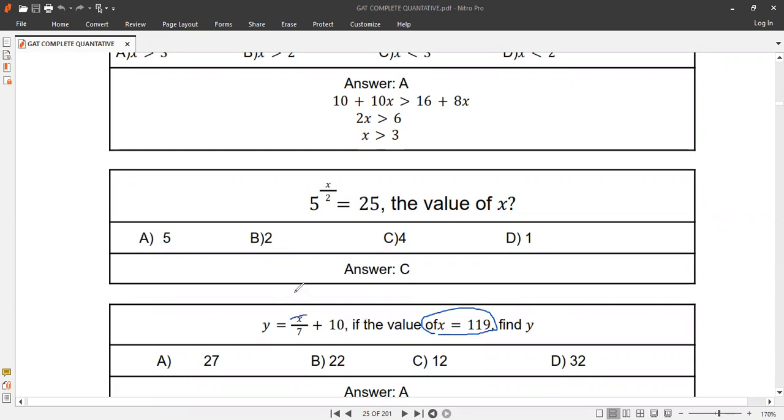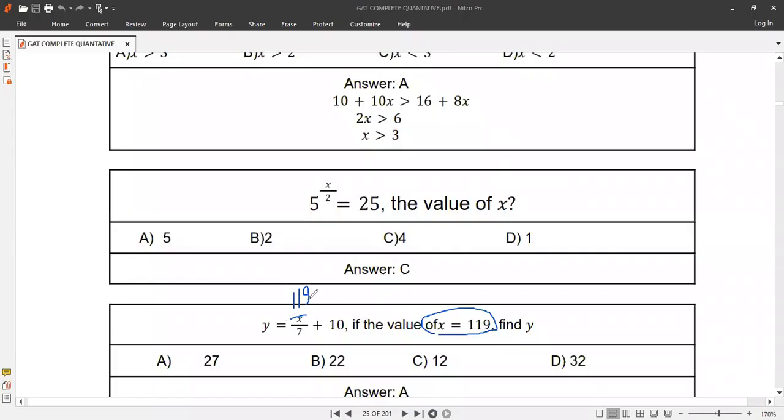Just I replace x by 119, then you divide 119 by 7 directly. So 119 divided 7 equals 17. 17 plus 10 equals 27.